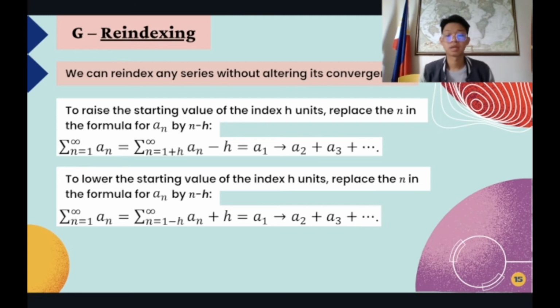To lower the starting value of the index by a, replace the n's in the formula for an by n plus a. The sum of an from 1 to infinity equals the sum of a(n plus a) from 1 minus a to infinity, equal to a1 plus a2 plus a3 plus dot dot dot.